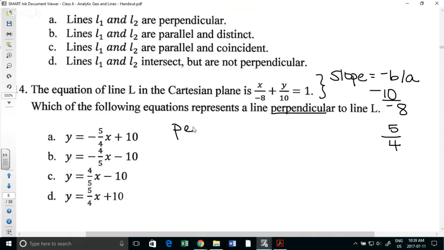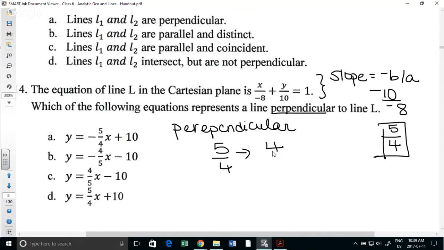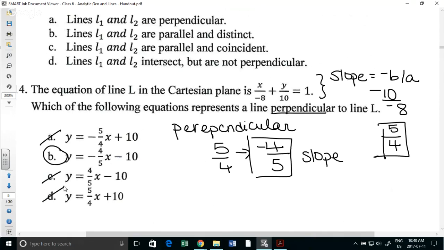If something is perpendicular, I take this slope and it flips and it changes sign. So this one's positive, this is negative. A line that is perpendicular will have this as its slope. There's only one option for that, and it's B. This is 100% a question that you could expect to have on the final, as a part A question.